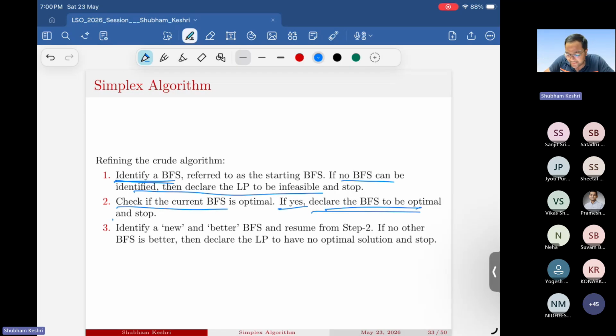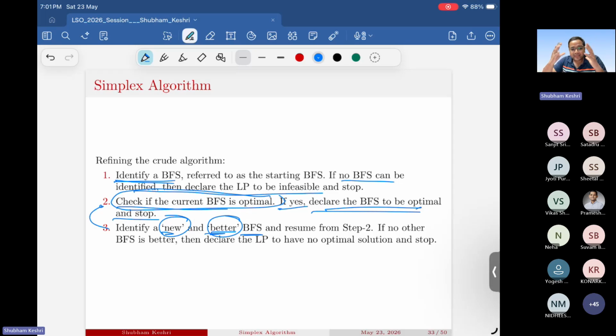If this is optimal, then we will say so and stop. If this is not optimal, there has to be some check, then we'll move to a new and better basic feasible solution, not just any basic feasible solution. And then we'll go back to step 2 and repeat.